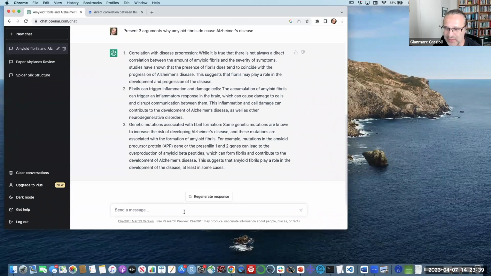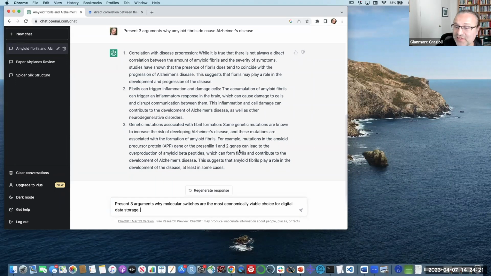Let's say we do... present 3 arguments why molecular switches... let's see here, why molecular switches will be, and actually let me think here, are the most economically viable choice for digital data storage.